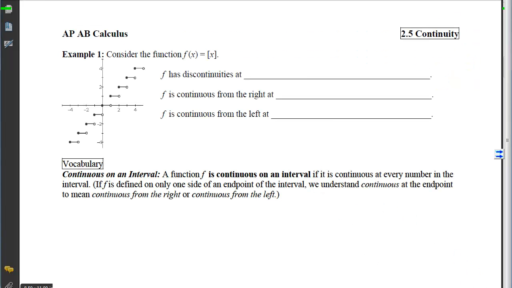So, for example, if we look at the function f of x equals this greatest integer function, or our step function, we can see that we have to pick up our pencil at every single interval. So this would be f has discontinuities at all integers.